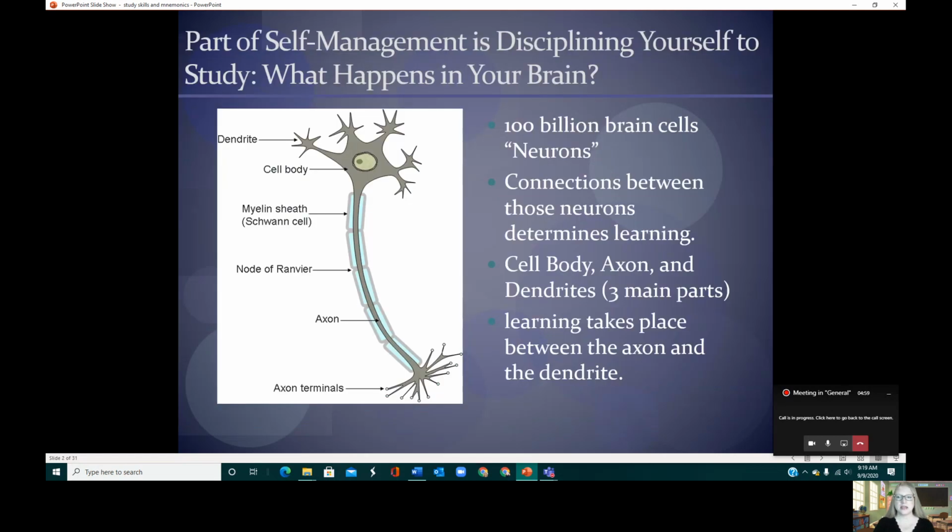So just to understand a little bit about what happens in the brain when memorization takes place, you've got the dendrites and the cell body, all of this connects to fire and make these little memorization pathways, and it all happens in the axon and the dendrite. So there's a little visual there of what happens when you memorize.